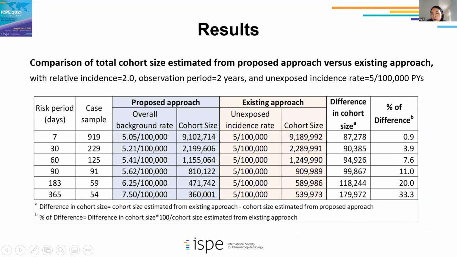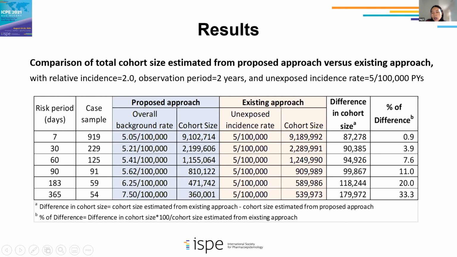Here, given the number of cases in the estimate in the SCCS study, we will calculate the total cohort size using the proposed approach and the existing approach, and compare their results in the setting of relative incidence of 2 and 2 years of observation period, with the unexposed incidence rate set as 5 per 100 person-years.